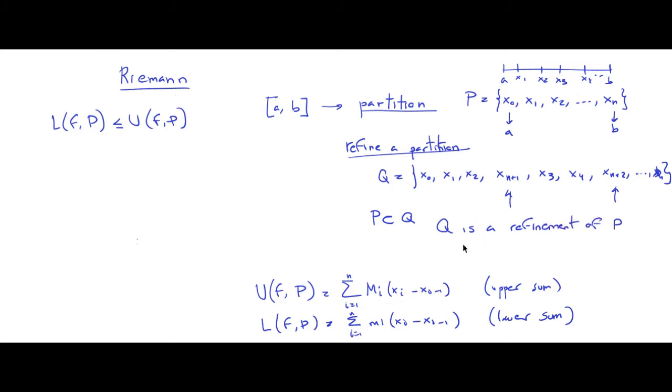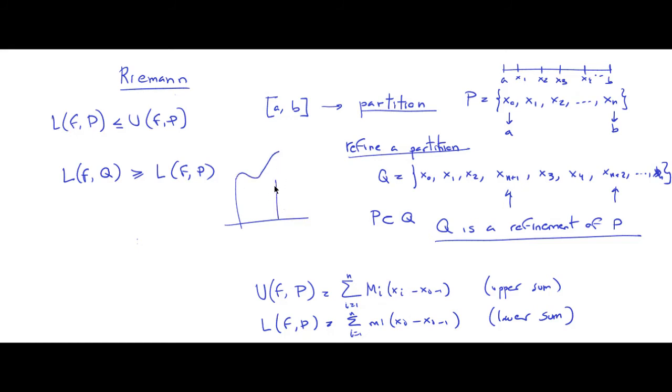Now, if you think about it for a second, you realize that the lower sum corresponding to this new refined partition is going to be greater than the lower sum for the other coarse partition. Because if you have this function like this, and we have the original partition, let's call it x1, and in this case for instance x2 and x3, the lower sum in the original one is this.